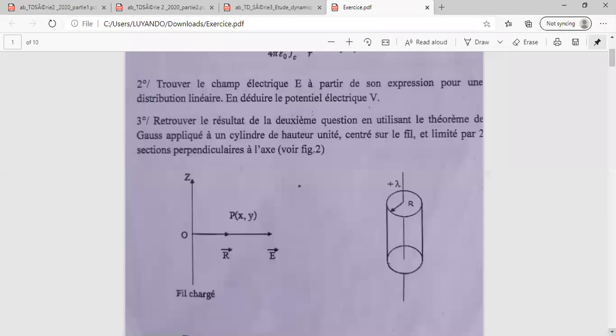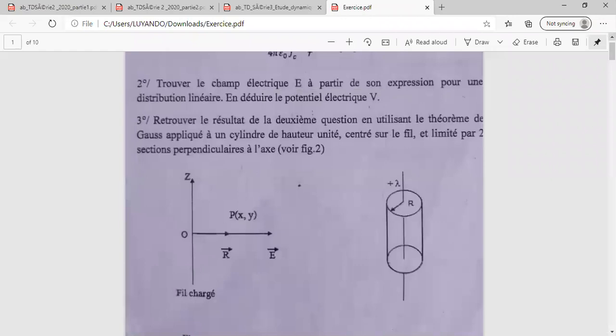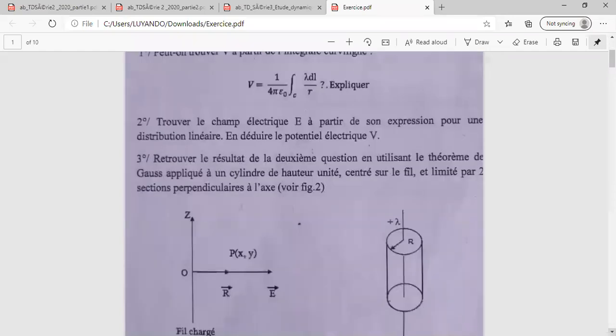Did you understand how to get the E and the V from the previous exercise, or should we do a quick recap of one of them? We can go through one.